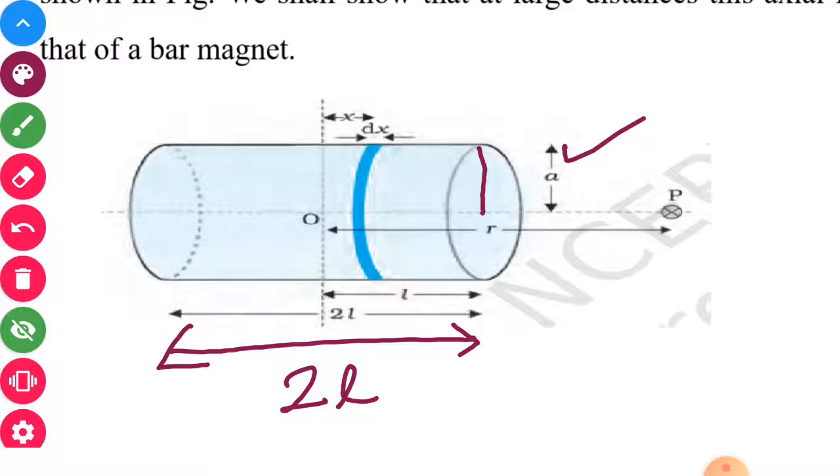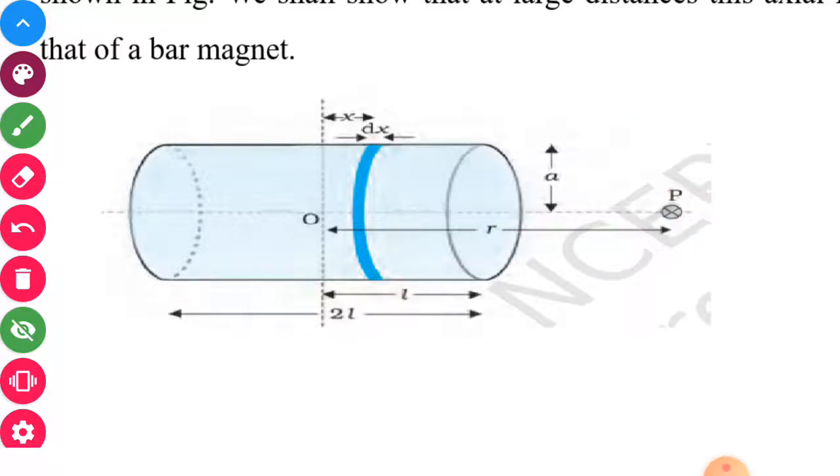It is taken as 2L for simplicity, and this is the midpoint of the solenoid, and from the midpoint a point P is here, which is at distance r. So the distance of this point P from this midpoint, from here to here, is r.